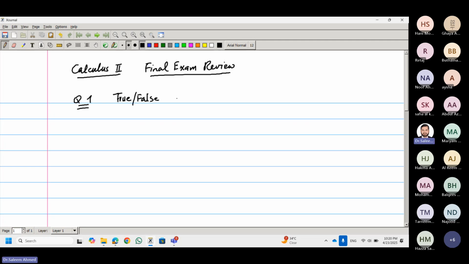I think there are no multiple choice and a few fill in the blanks. The fill in the blanks mostly cover section 11.1, which was part of your quiz one as well, right?